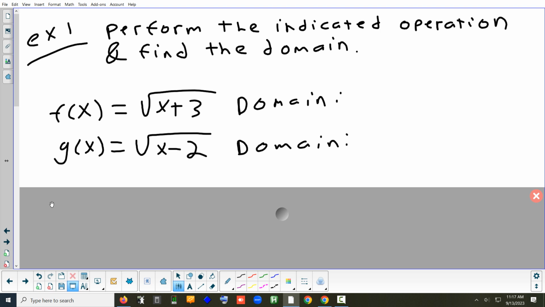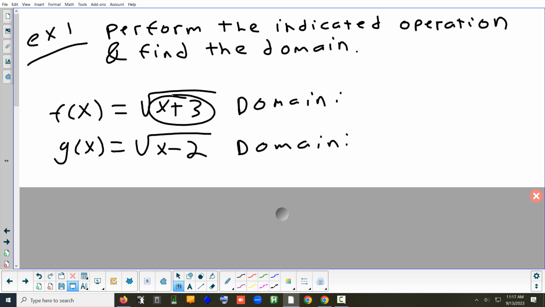They're both square roots, so what do we have to be careful about? We have to make sure that x does not make it so it's less than 0. It can be equal to 0 or anything above it. Yes, we have to make sure that what we plug in for x keeps this at 0 and up.